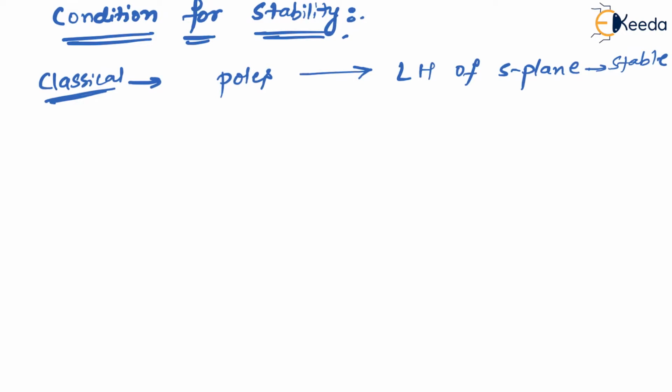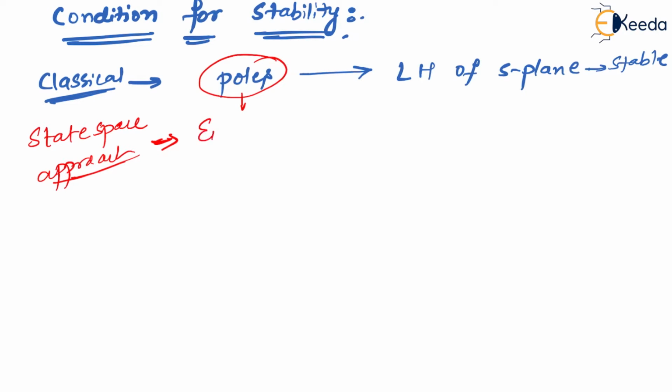But now in our state space approach, rather than poles, I will be using the term eigenvalues. They are basically the same, poles or eigenvalues, both are the same. Why? Because of the characteristic equation.